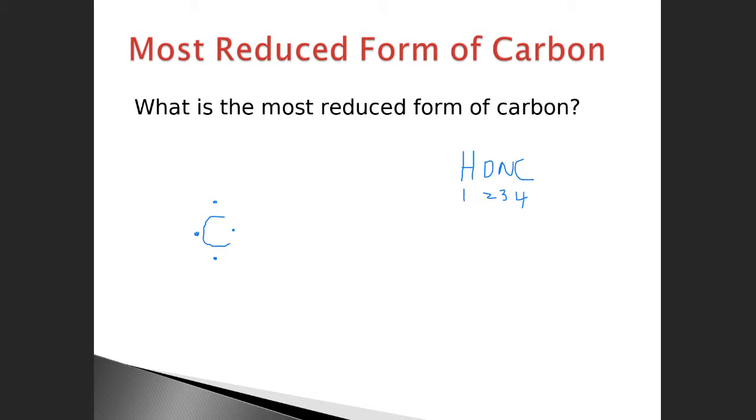So if I draw hydrogen, it has a valence of 1. So it has to make 1 bond, right? How many bonds does carbon have to make? 4. Good. So if this is going to be the most reduced form and they're going to gain electrons, there are going to be 4 hydrogens attached to this carbon.